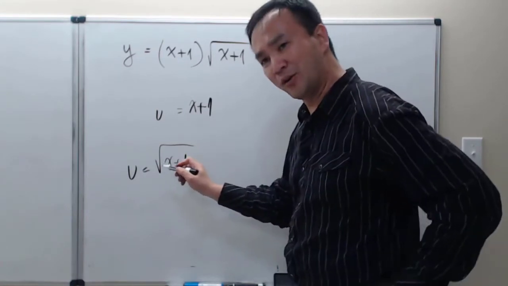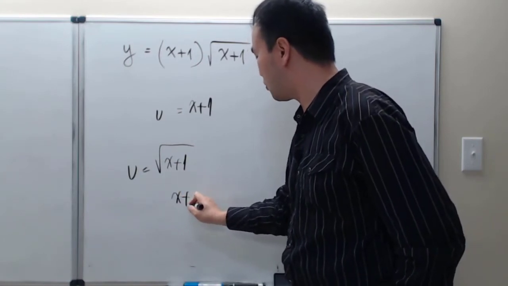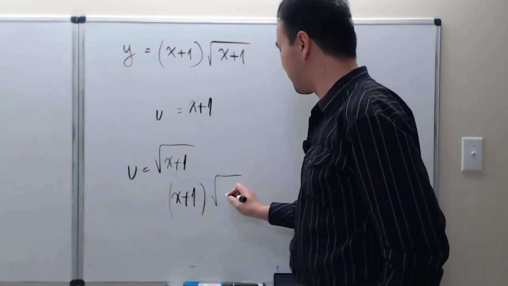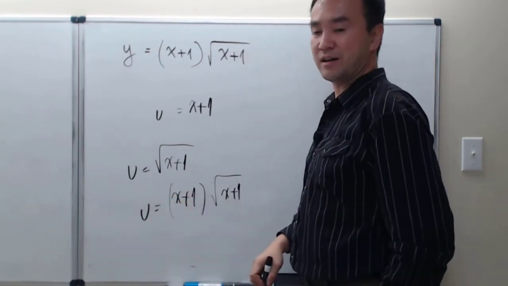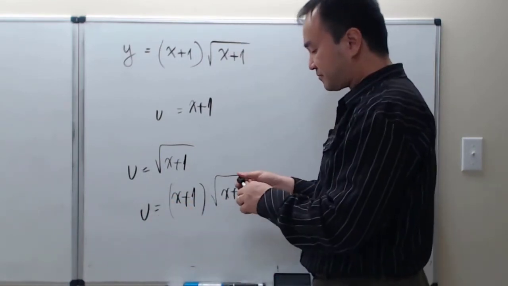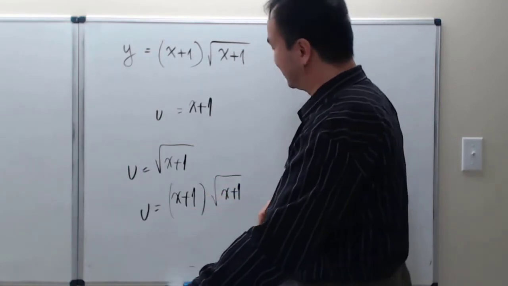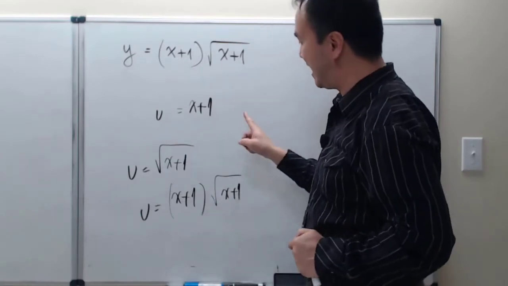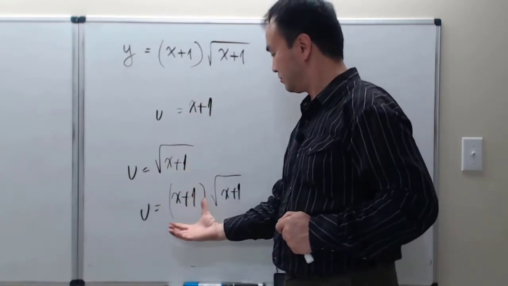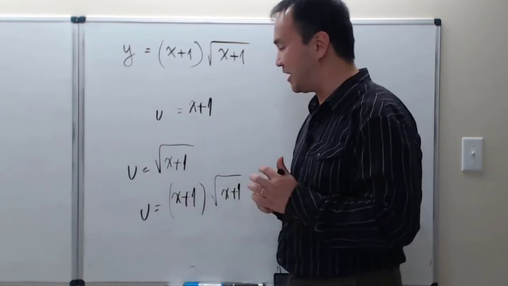The most extreme thing is to substitute the whole x plus 1 times the square root of x plus 1 to be your variable u. But as I pointed out earlier, none of these is wrong. What matters is how we make it work so that we can first recognize the outside function.